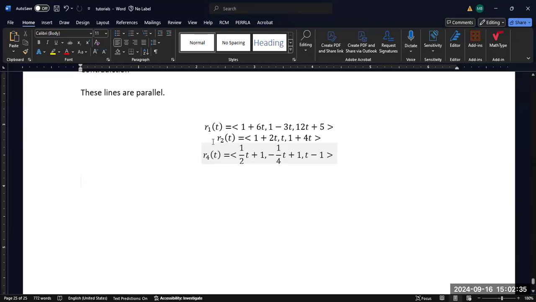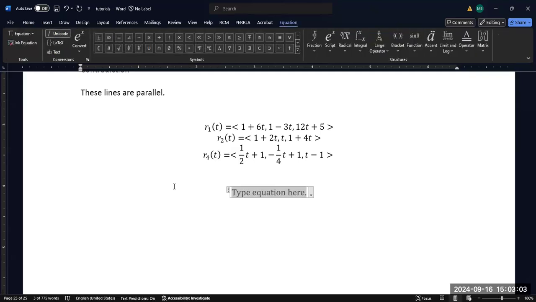So let's start with R1 and R2. We know these are not pointing in the same direction, and R1 is parallel to R4. So presumably if R1 and R2 have a point of intersection, then R2 and R4 will be skew, because you can't intersect two lines that are parallel. Let's just double check this.